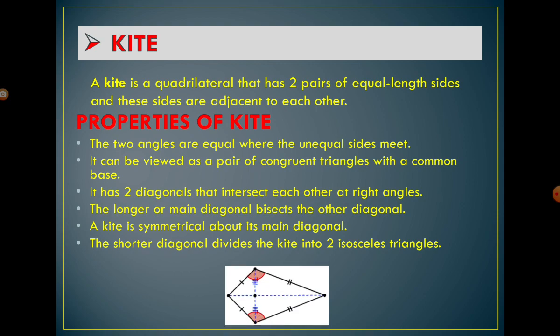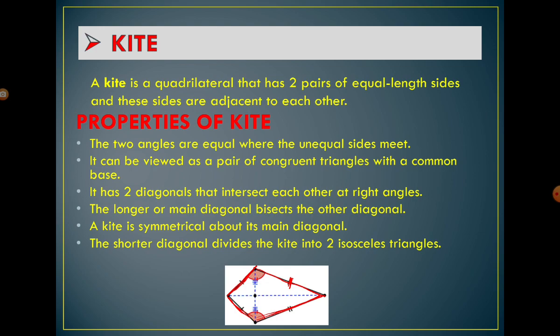Like the kite we fly. मतलब two pairs equal रहेंगे कोई भी दो, two adjacent only. This side and these two sides are equal, and this long side and these two adjacent sides are equal. There are two pairs of equal length sides and these sides are adjacent to each other. This is a very important point.